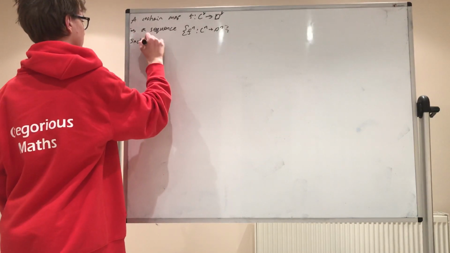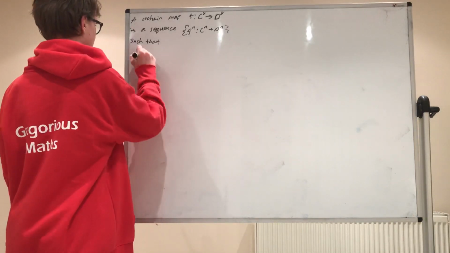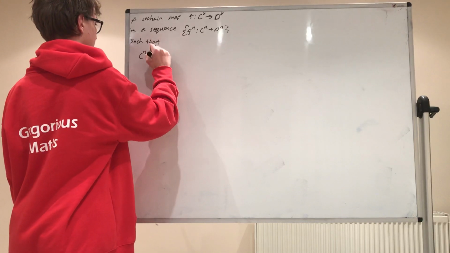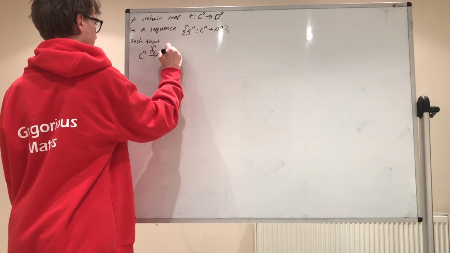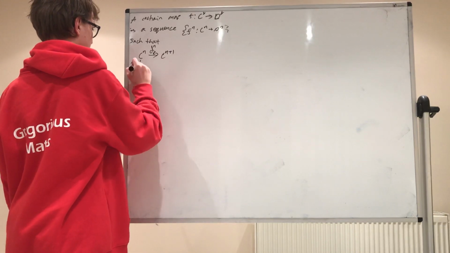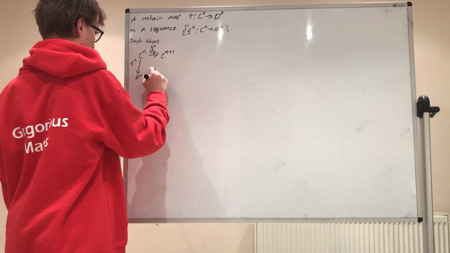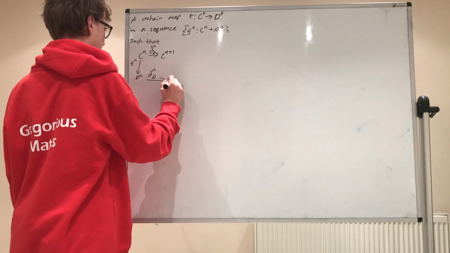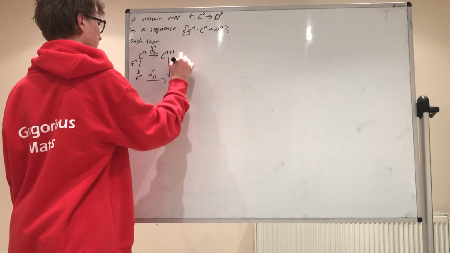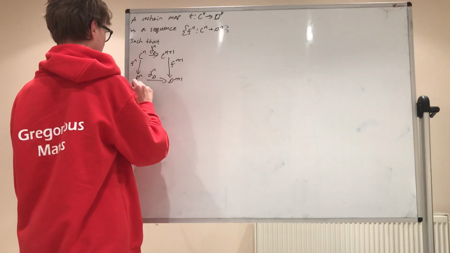such that, and now we're going to have a commutative square. At the top left we're going to have Cn mapping via the differential on C to Cn plus 1, and it's going to go down via Fn to Dn. Now Dn is going to go via the differential on D to Dn plus 1, and now this right here is going to map via Fn plus 1 to Dn plus 1, such that this commutes.